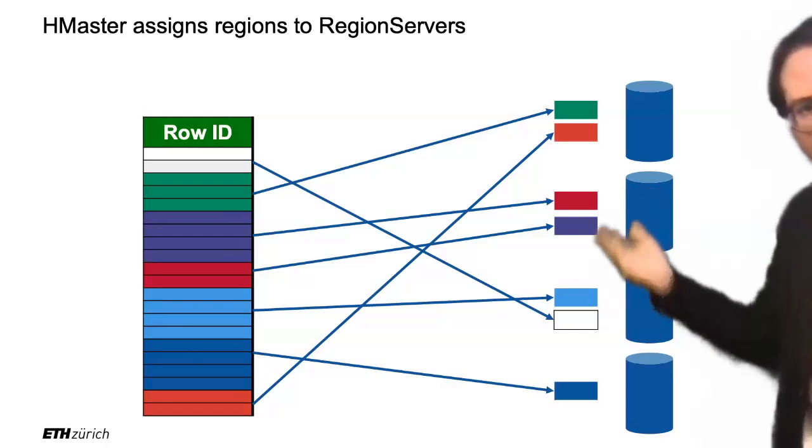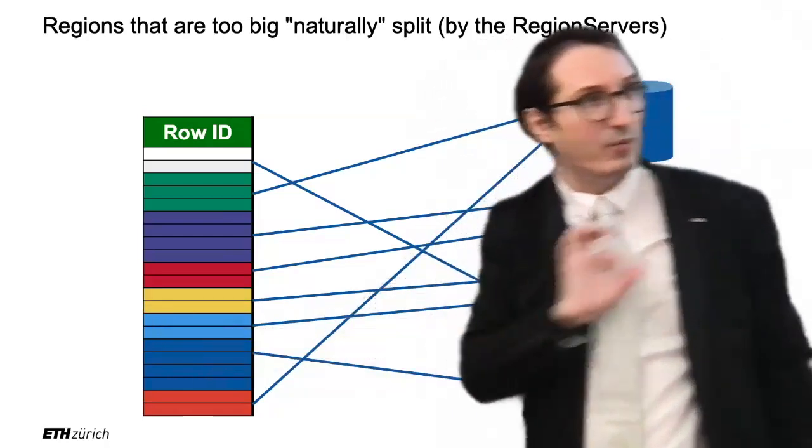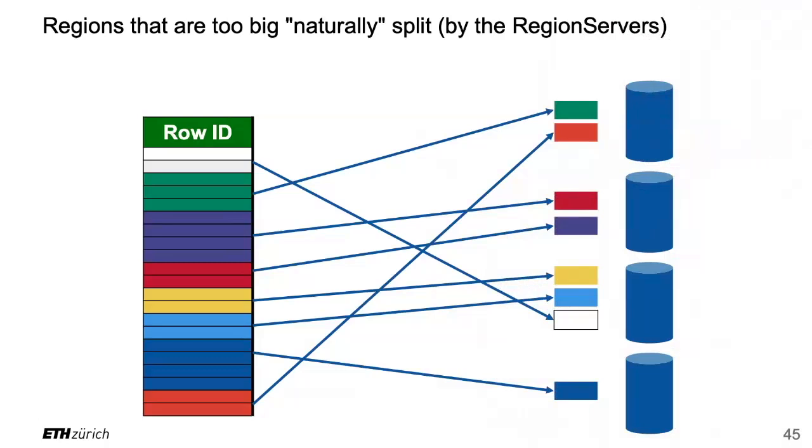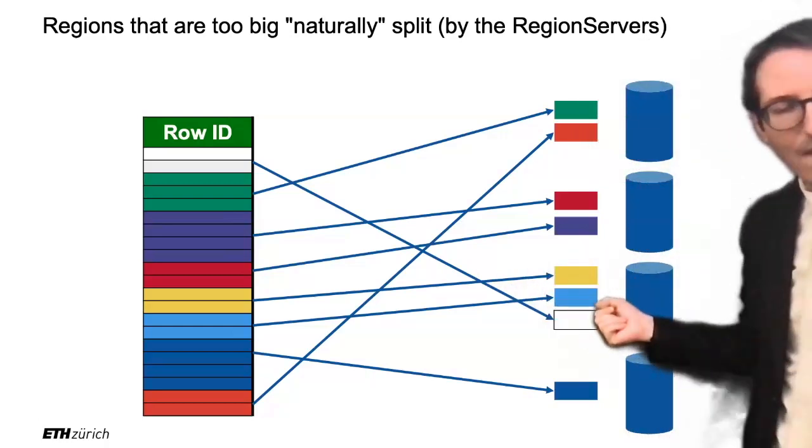There is a whole process that splits the region into 2, very carefully designed in multiple steps to make sure that nothing breaks. Basically it cuts the region in 2. Initially these 2 regions stay assigned to the same region server. It's just that now it has 3 regions instead of 2.